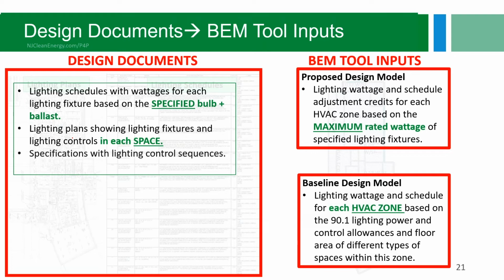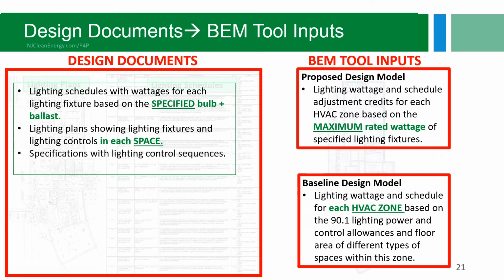Then we also have the specifications, which I think sometimes are ignored, but they're very important because they often clarify the different control sequences. So in the case of lighting, if we look at the design docs and we say, okay, I see the symbol, it says this, but what does that mean? Sometimes it's clarified in the specs. So they can be very important.